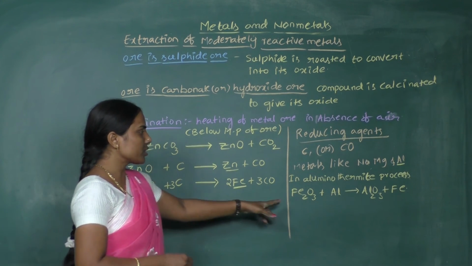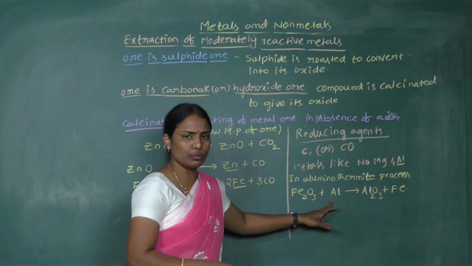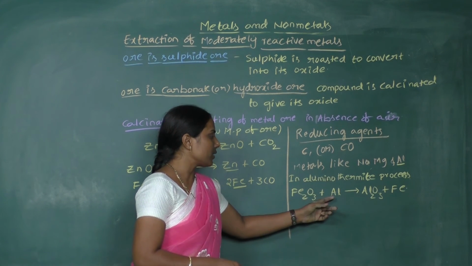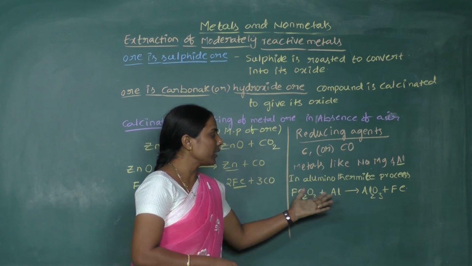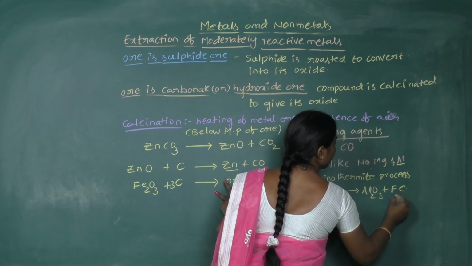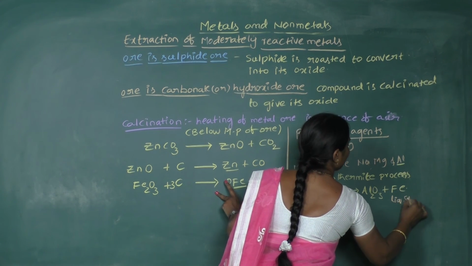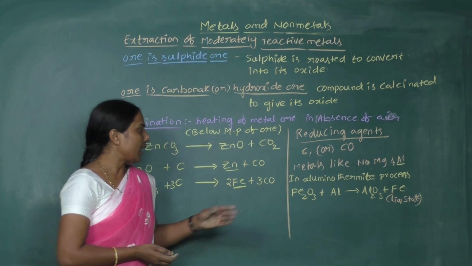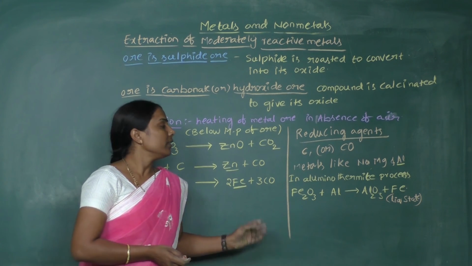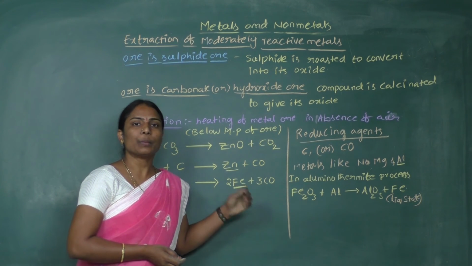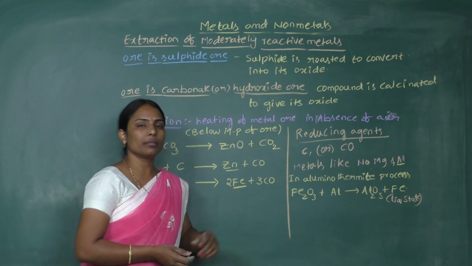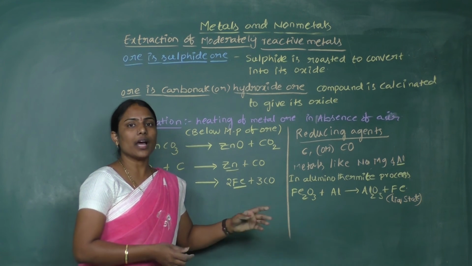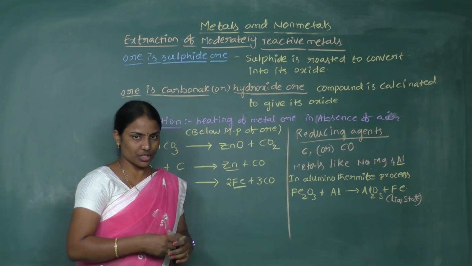This reaction is highly exothermic because aluminium is the strongest reducing agent, and the metal is obtained in the liquid state. It produces large amounts of heat, and the heat generated can melt the metal, so that the iron is directly available in the molten state and we can cast it to the required shape.